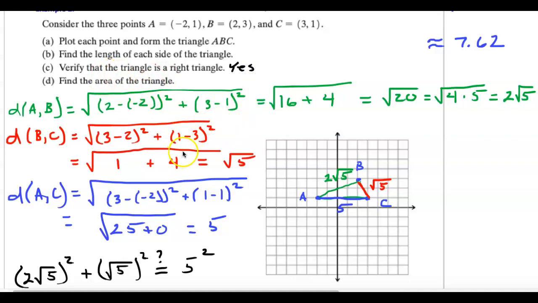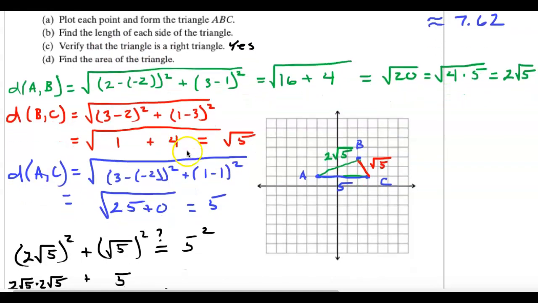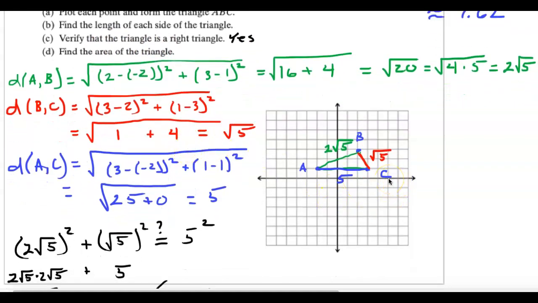And then it says find the area of the triangle. So the area, if you remember, of a triangle is 1/2 the base times the height. And since it's a right triangle, the legs will form the base and the height. So here's our base and here's our height, or vice versa.